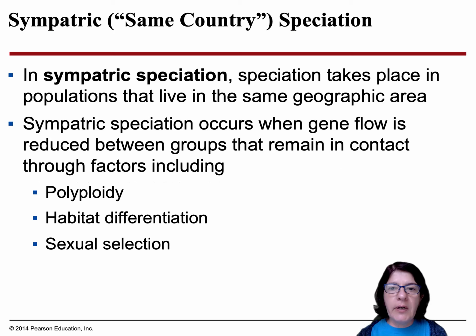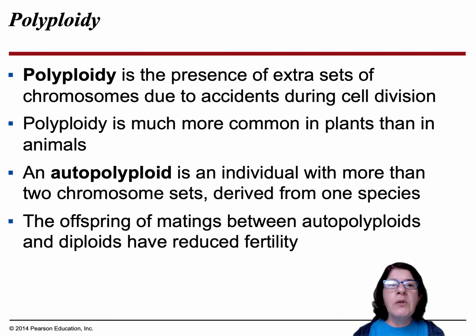Sympatric speciation occurs when gene flow is reduced between groups that remain in contact through factors including polyploidy, habitat differentiation, or even sexual selection. Sexual selection, remember, is a driving force of evolution. So polyploidy, what is that? Poly means many.